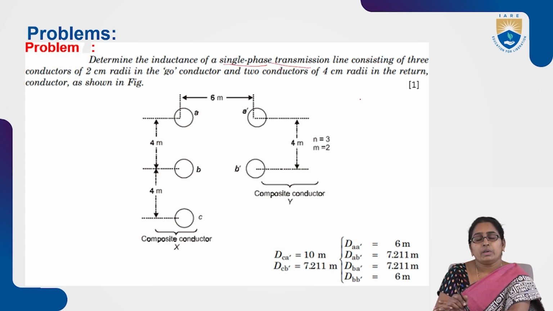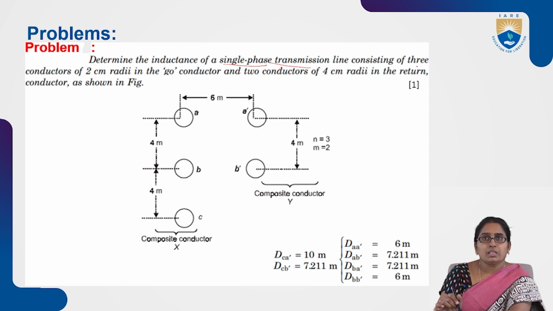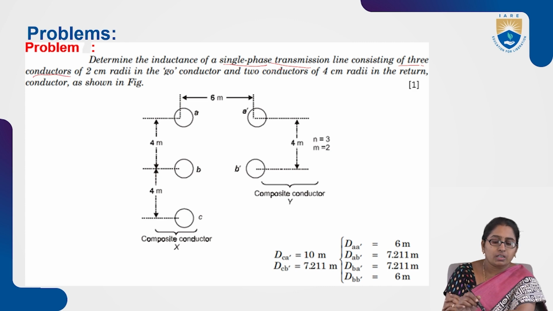It is clearly mentioned there are 3 conductors in the go conductor and 2 conductors in the return conductor. Look at the diagram, it will be more clear. In the go conductor there are 3 conductors, we can see A, B, C, and in the return conductor there are only two, which are A dash and B dash.